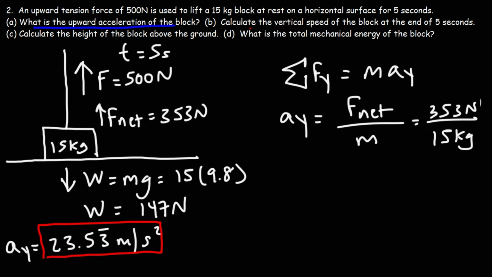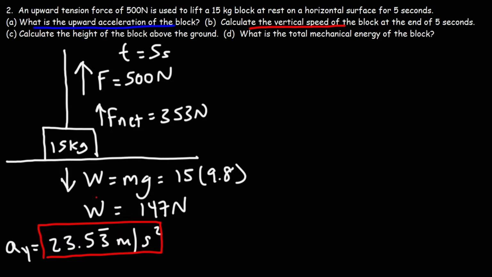Now let's move on to part B. Calculate the vertical speed of the block at the end of 5 seconds. In order to calculate that, we could use this equation. V final is equal to V initial plus at, but dealing with motion in the vertical direction. So the block is initially at rest on the horizontal surface, so V initial is 0.